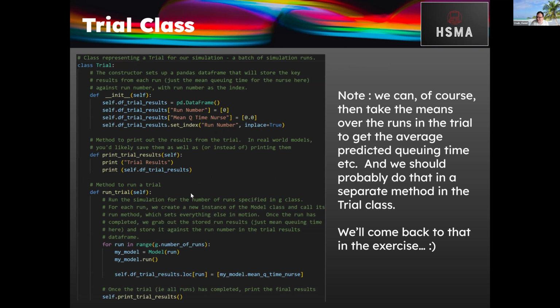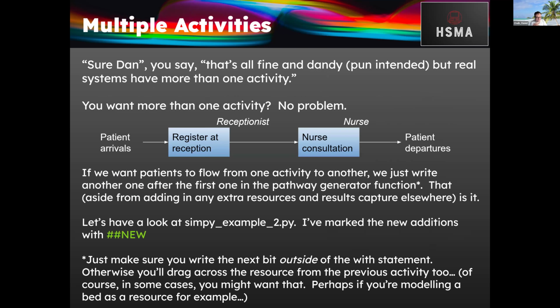That in turn will set everything else in motion, because the run trial method of the trial class will create a new model for each run of the simulation, and that model will then call the run method of that model, and that run method in turn will start up the generators, which in turn will start up the other generators, and you have this sequence of things that all sort of kicks into action.